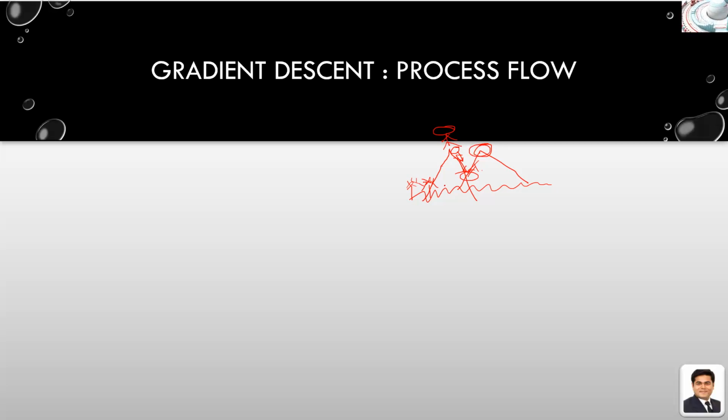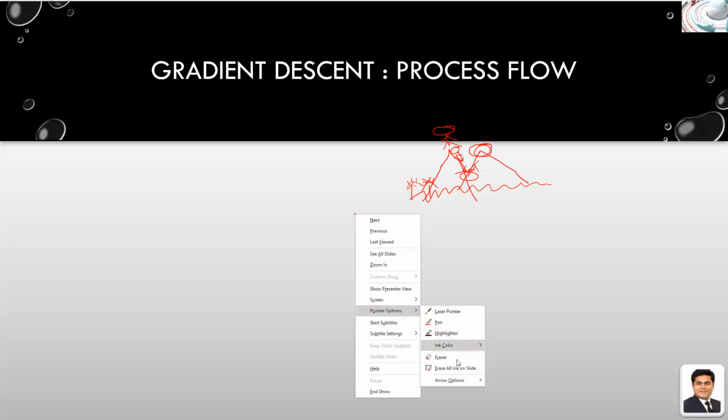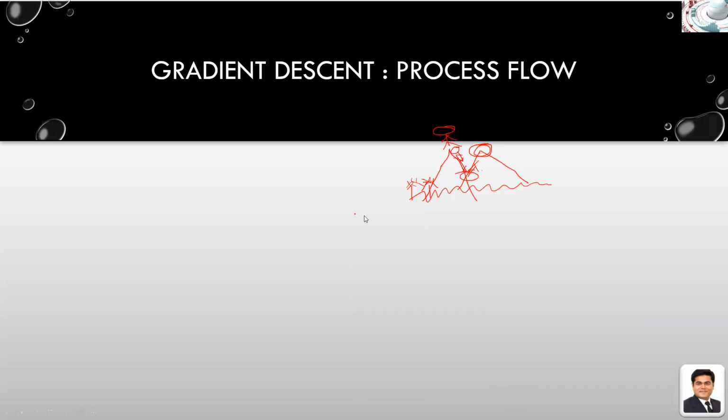This is basically what gradient descent is doing.